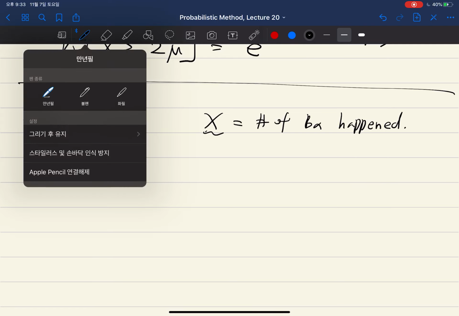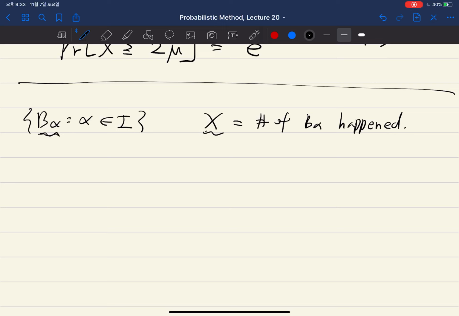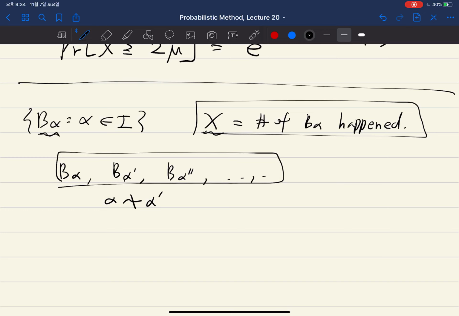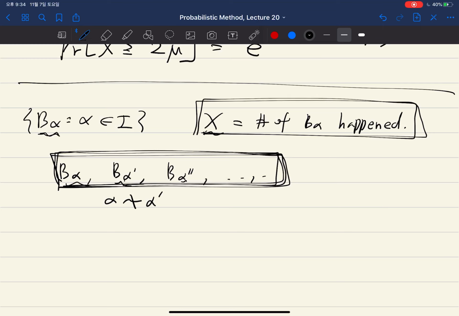In lots of cases, what actually happens is that instead of just counting all the events that happen, if we list the events which happen in a way that they are not related, so they are independent, and we count this, then in many cases the number of such events and the number of events that actually happen could be not so far.